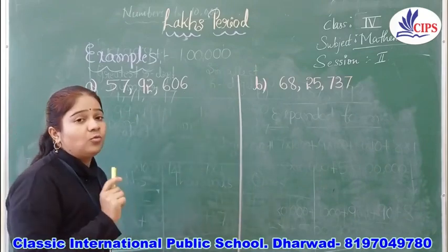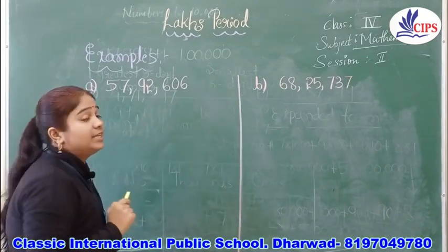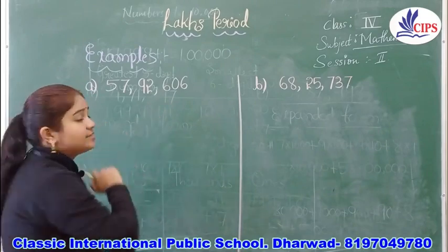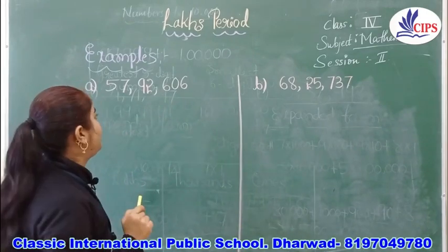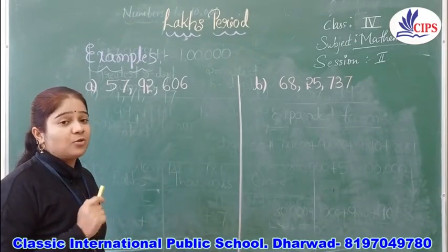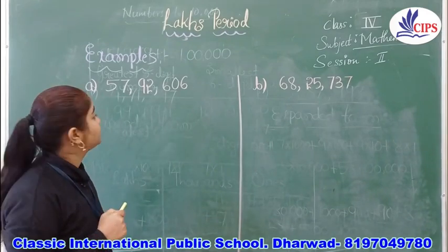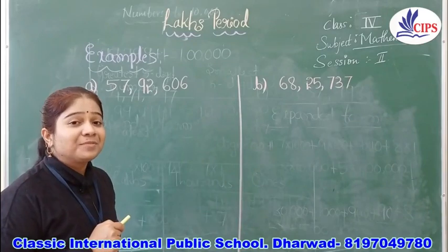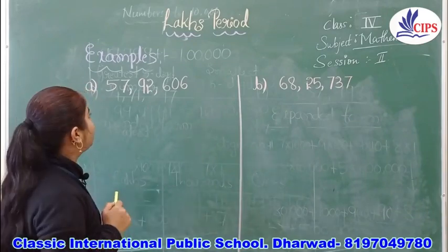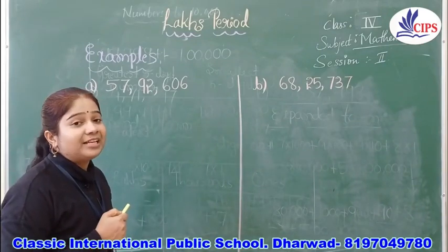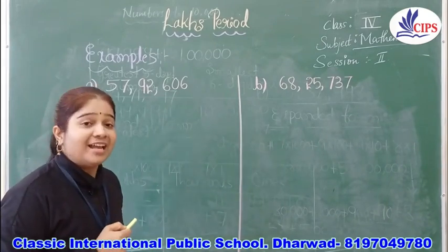6 is in the ones place. 0 is in the tens place. Again the 6, it is in the 100 place. 2 is in the 1000 place. 9 is in the what? 9 is in 10,000, right? And 7 is in lakhs, right?